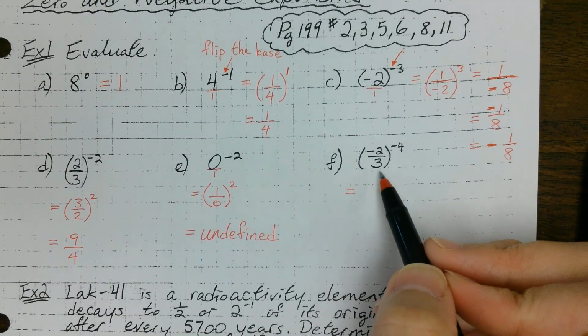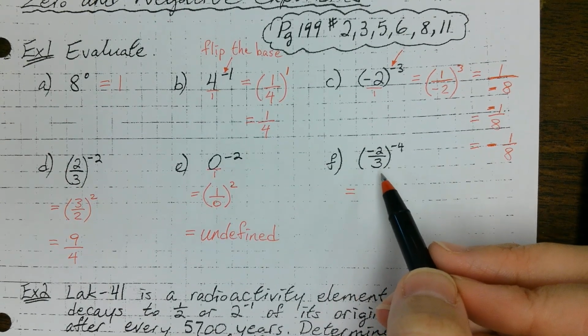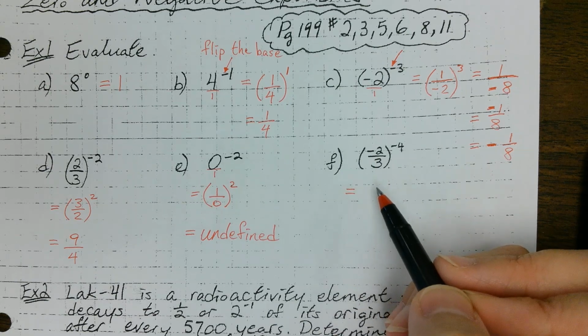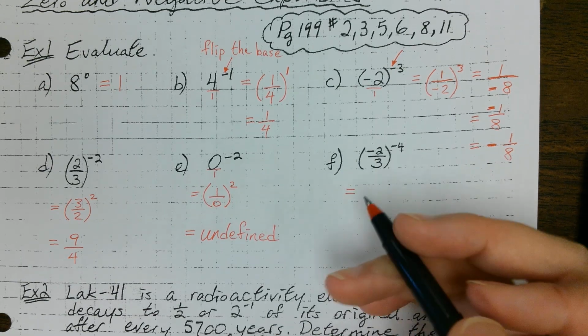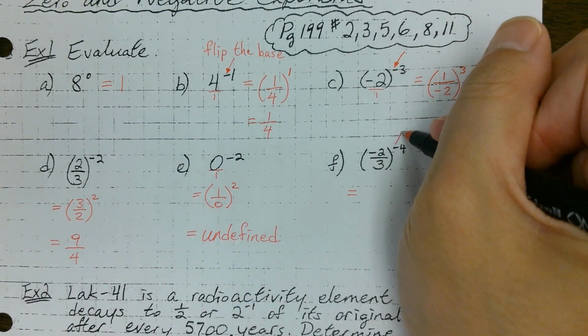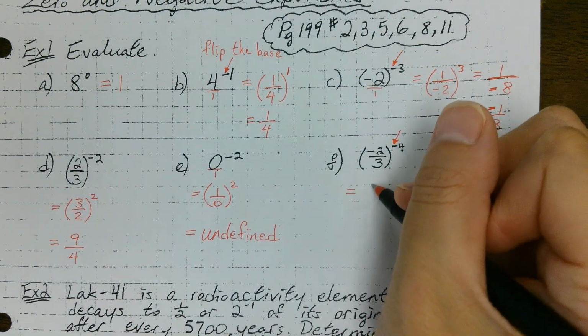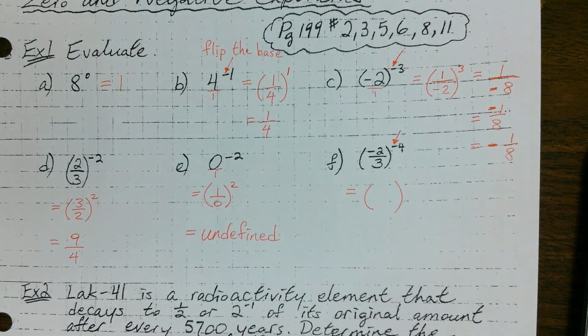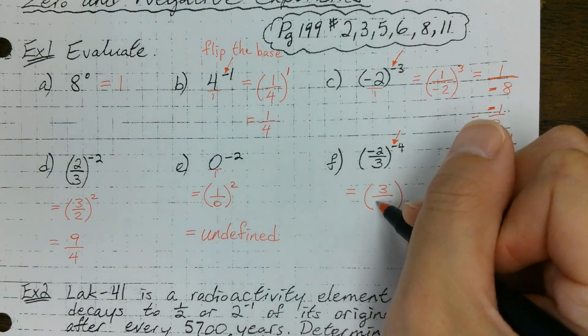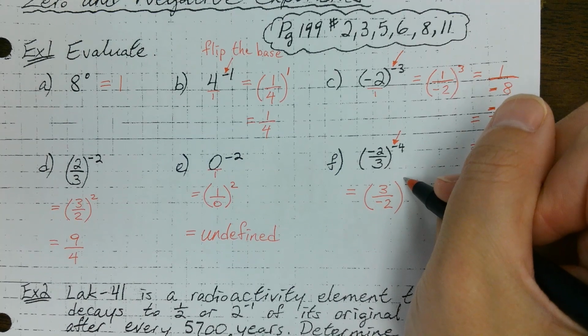Okay, so what's my whole base number right here? -2 over 3. Because I see this negative exponent, I'm going to flip the base. So what's my new base? Yeah. And my exponent? 4. Good.